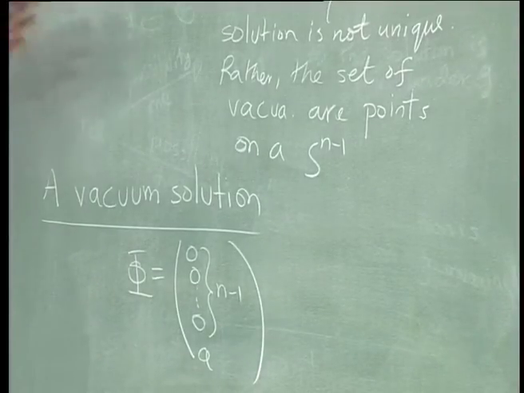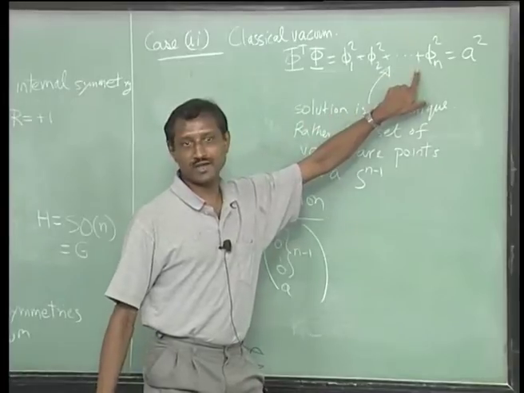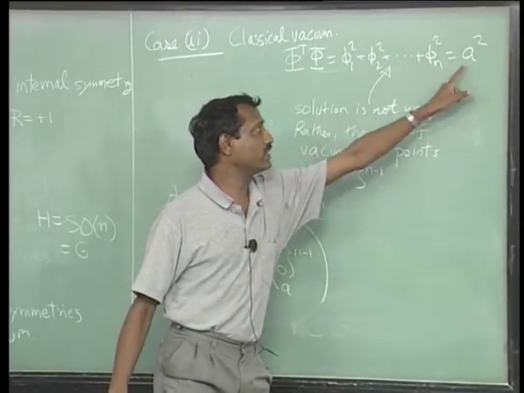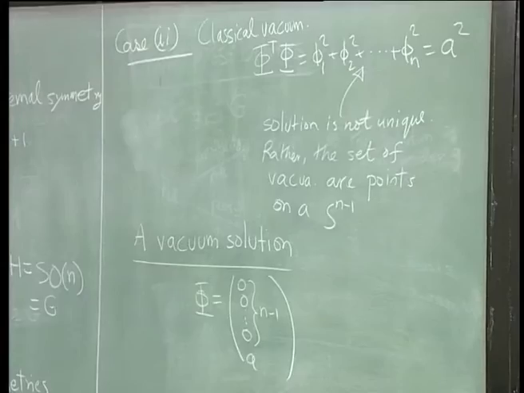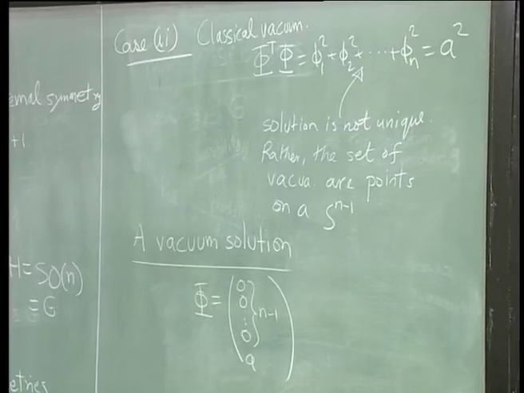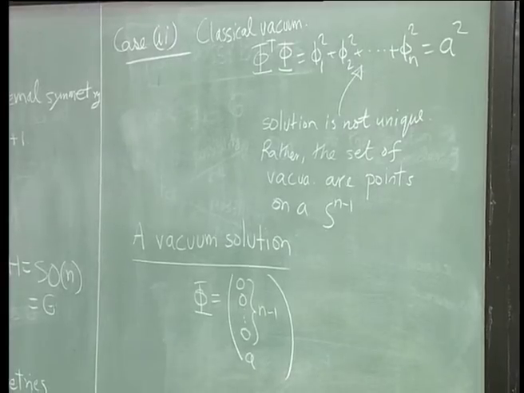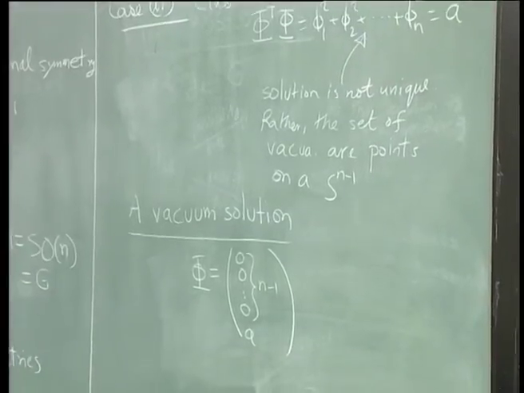I am just solving that. I am putting phi 1 to phi n minus 1 equal to 0, and phi n I am choosing to be plus a. I could have chosen it to be minus a, but I do not care. I just choose one of them. Okay. So, now the question is, what is H?